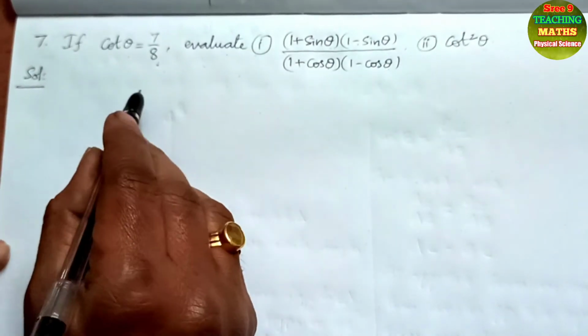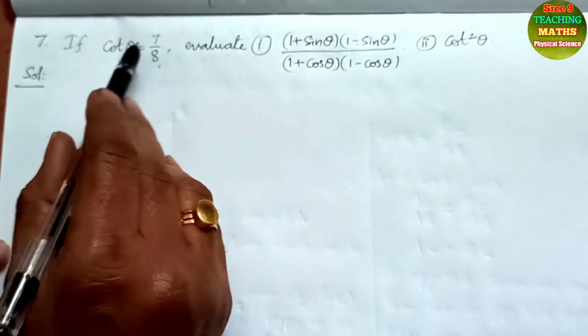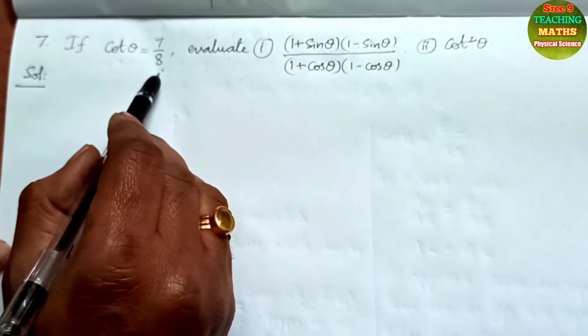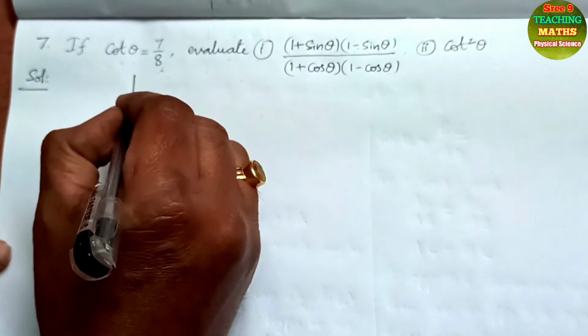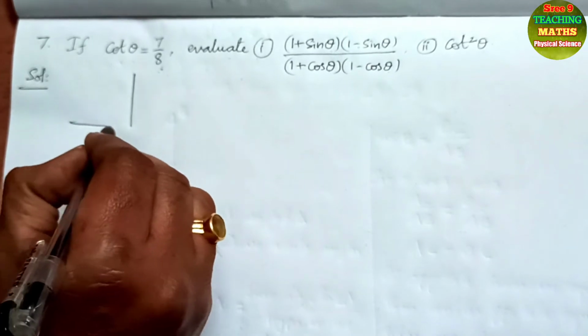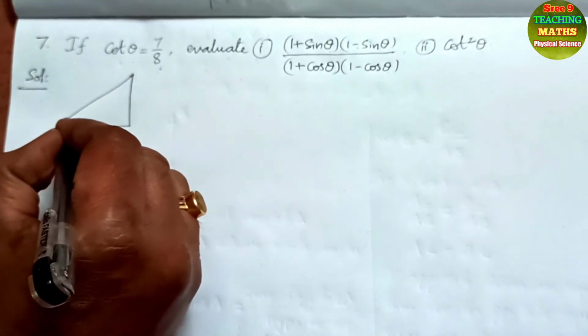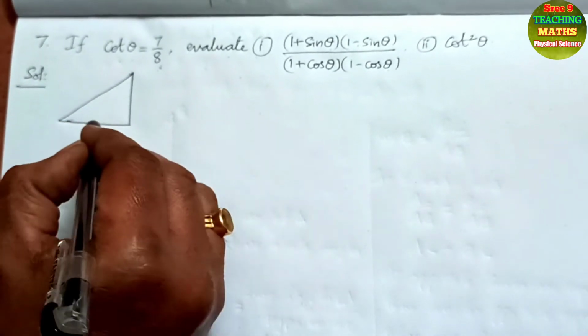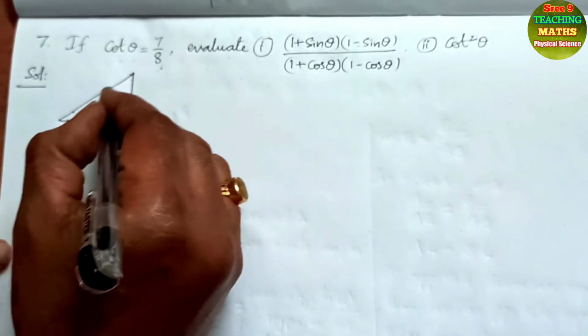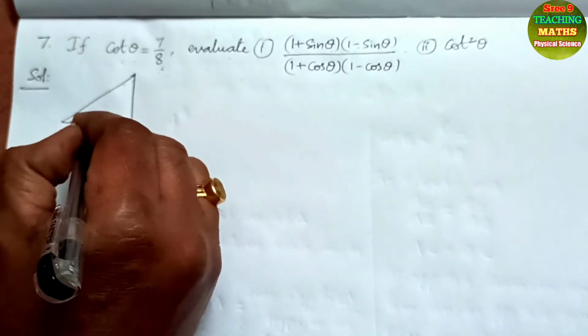So the solution is that, as given cot theta is equal to 7 by 8, first we have to draw the right angle triangle. So this is the right angle triangle, and we have to select any acute angle as theta.